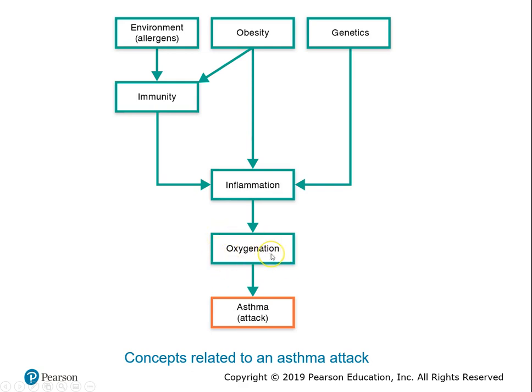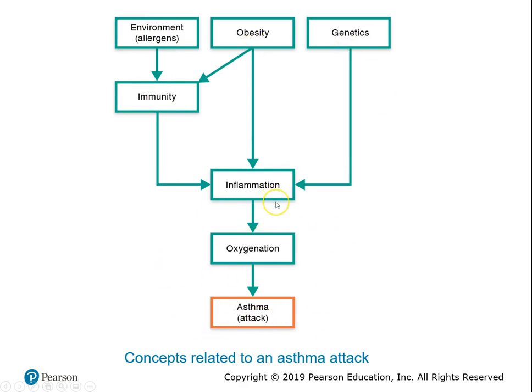You have a decrease in oxygenation because now we're talking about the airways, and so we're not able to get as much oxygen to the blood from the lungs, and that can lead to an asthma attack. This also shows that many asthma attacks are triggered by environmental allergens. That environmental allergen triggers an immune response, leads to increased inflammation, and then leads to an asthma attack.